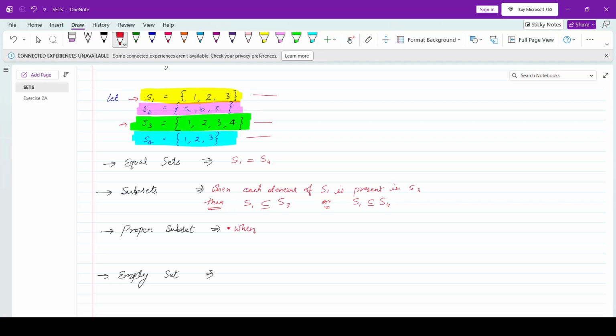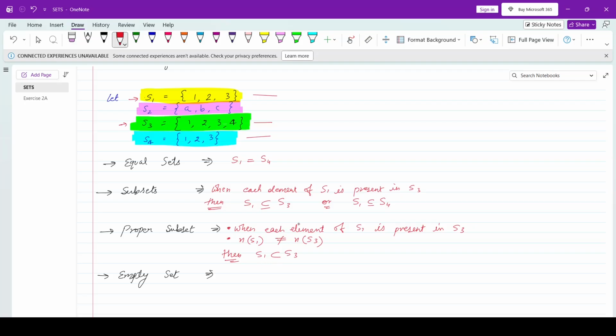When each element of S1 is present in S3, and the number of elements in S1 is not equal to the number of elements in S3, then we can say S1 is a proper subset of S3.